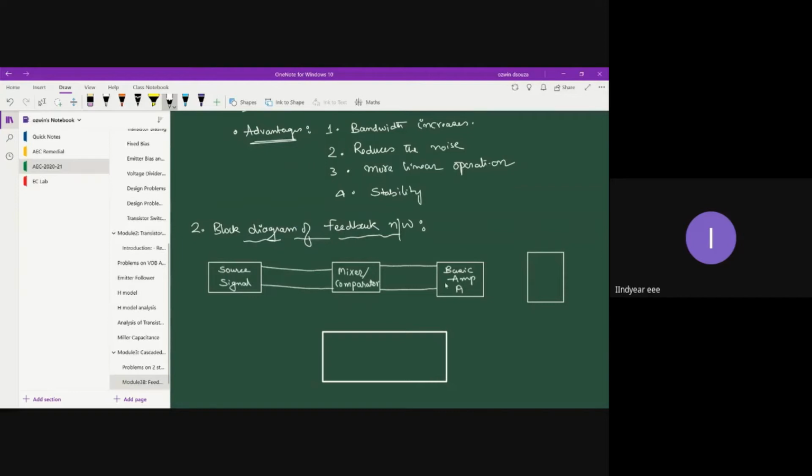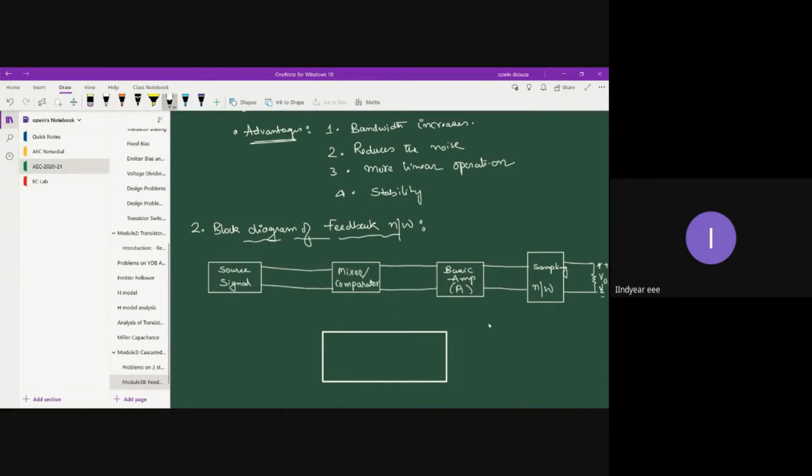Let us say the gain of basic amplifier is A. And the basic amplifier output is then given to a sampling network. And the output of the sampler is taken across the load. So V0 is basically the output.